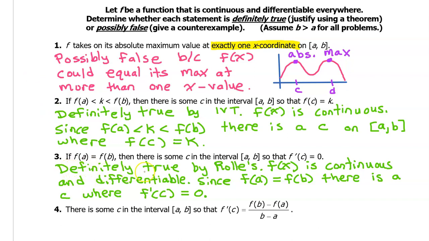So I'm going to say this is definitely true by Rolle's theorem, and then I'm just going to state Rolle's theorem. f of x is continuous and differentiable. Since f at a is equal to f at b, there is a c where f prime at c is equal to 0.